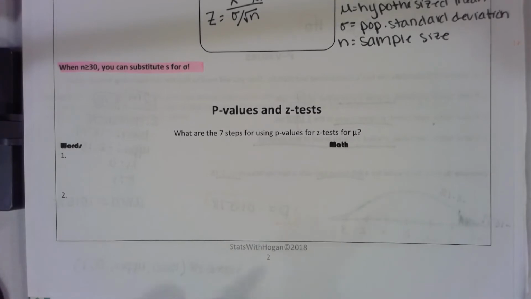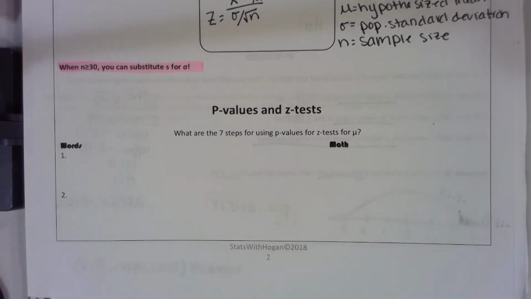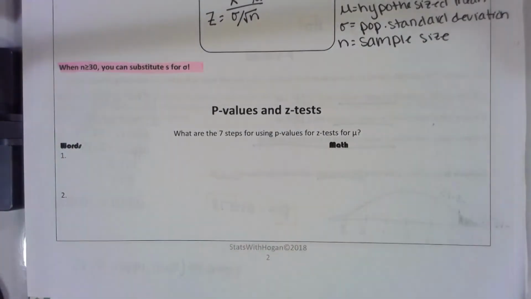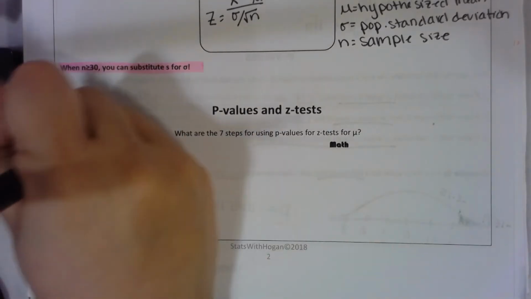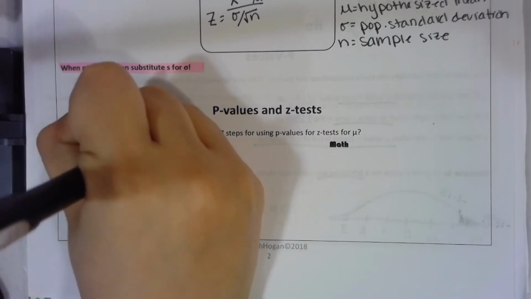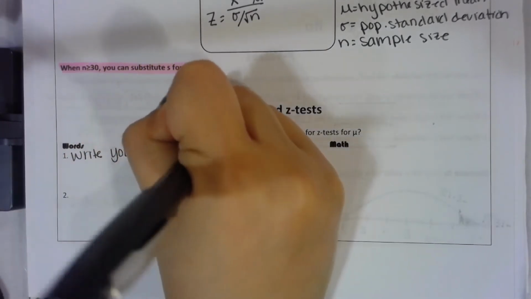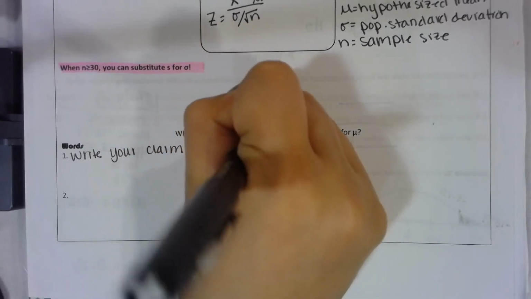So we're looking for H0 and HA. Your null hypothesis and your alternative hypothesis. Please remember that your null hypothesis is a statistical hypothesis that includes equality. And your alternative hypothesis is another statistical hypothesis that does not include equality. So it's the complement of your null.